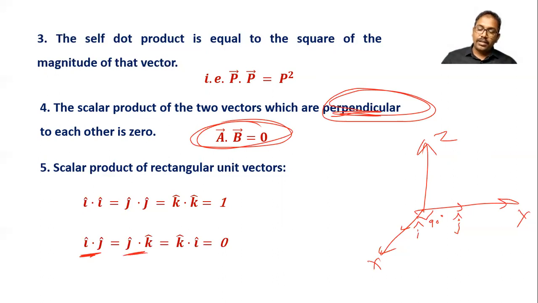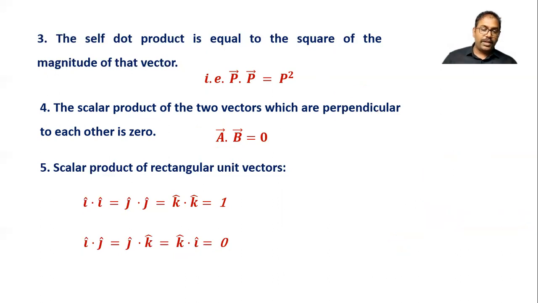Between j and k, k is along the z-axis, and you know that the y and z axes are again at 90 degrees, so here it is 0. Again here also k and i: the angle is 90, so the product is 0. So we use this property here.